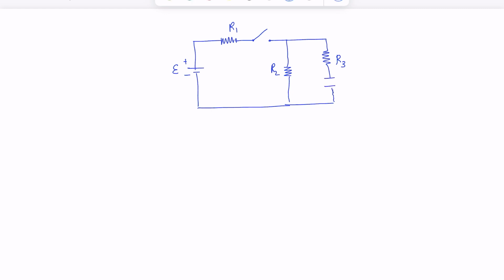Its capacitance is C. And this is switch S.